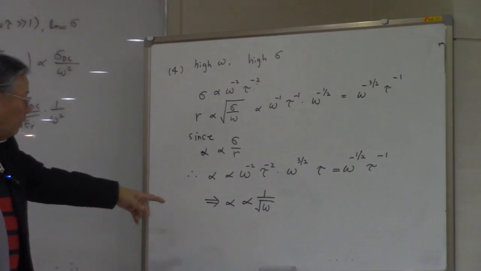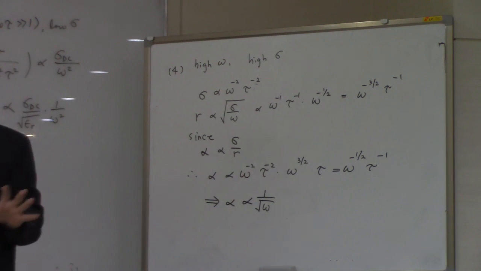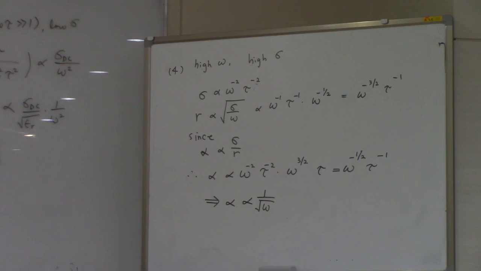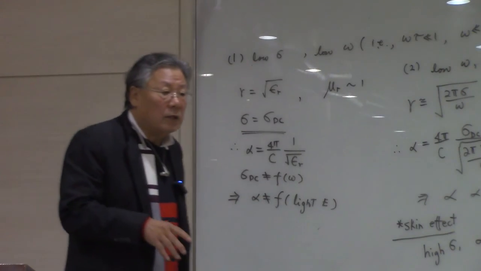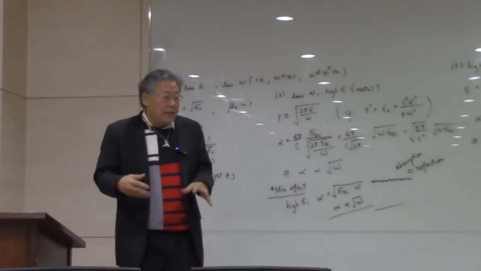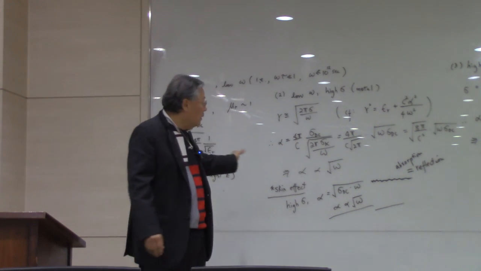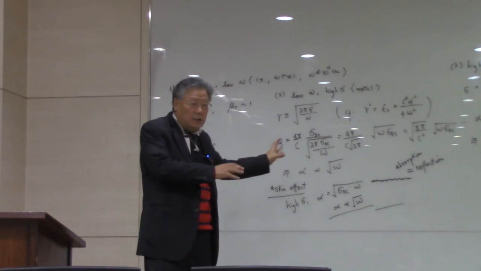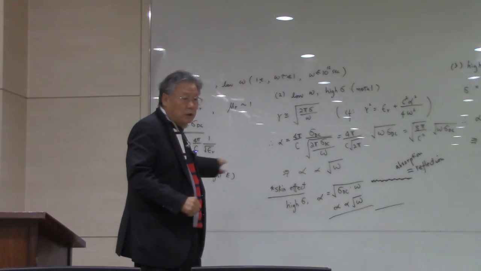And finally, we have seen that the absorption constant is inversely proportional to the square root of light energies. So depending on the situation, we're going to have a different free carrier absorption. And that has been summarized in your textbook as a table. In a table, it looks pretty complicated, but in this class, I just summarize the essential part, and that is important to see, okay?